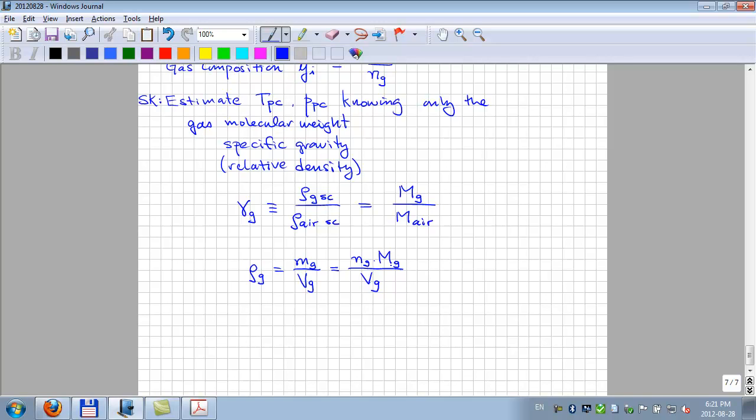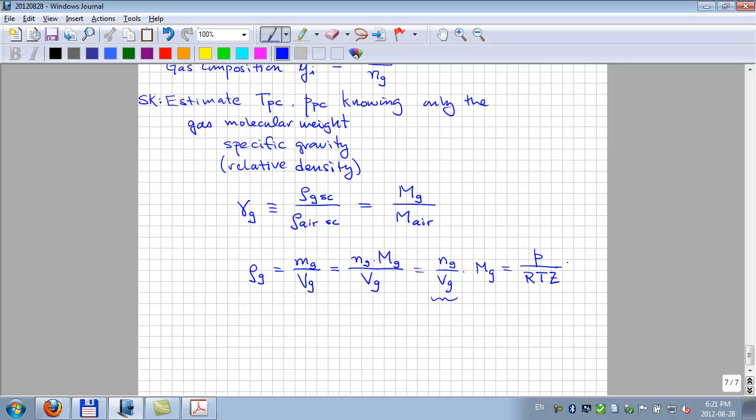And from the gas law, this Ng over Vg is just equal to the pressure over RTZ.